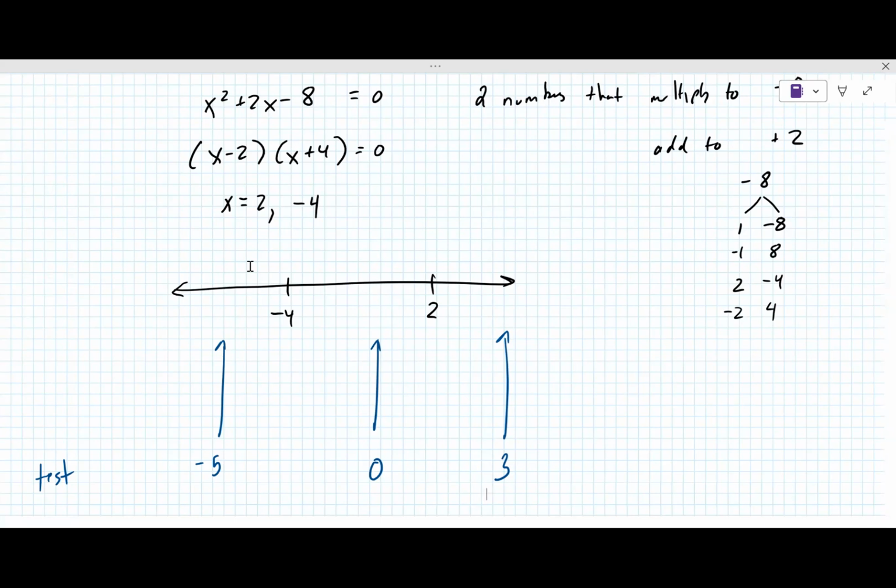I got 7 when I did that. So positive 7. Okay, positive. And how about for the middle one?